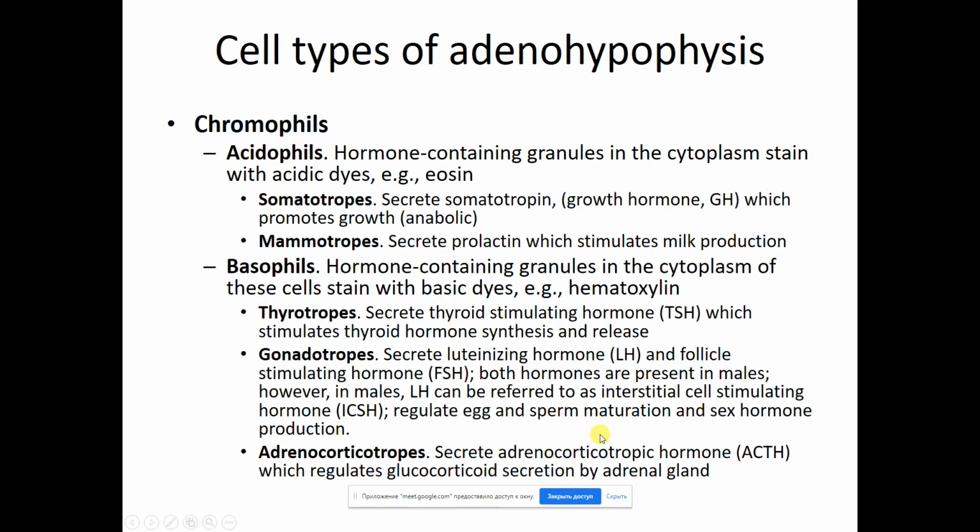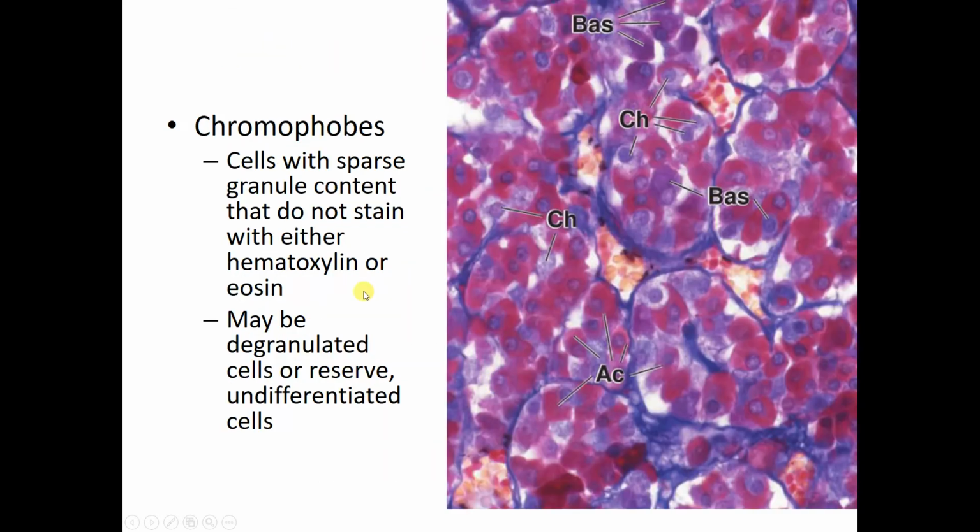So this adrenocorticotropic hormone feeds the cortex of the adrenal gland, and the adrenal gland produces glucocorticosteroids. Glucocorticosteroids are controlled by ACTH, adrenocorticotropic hormone.